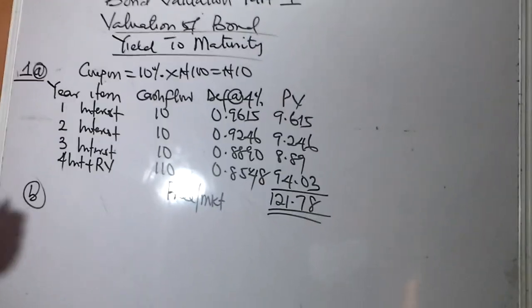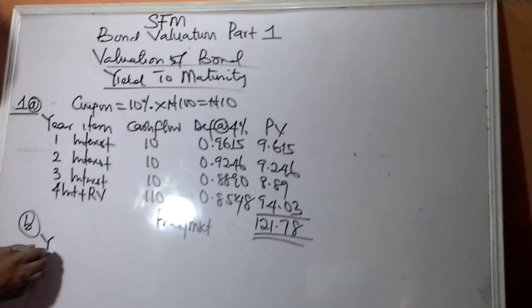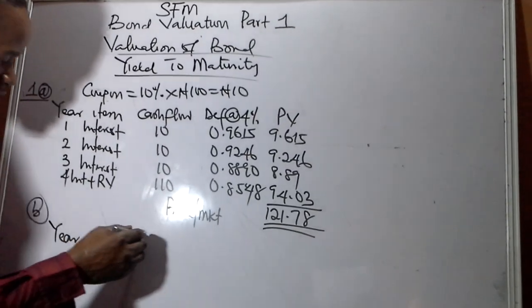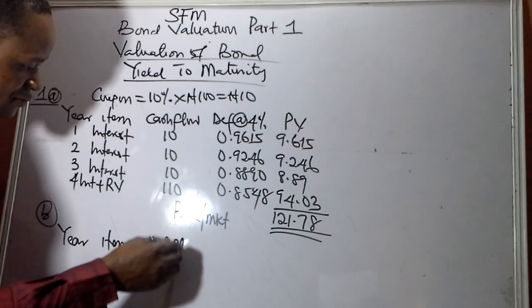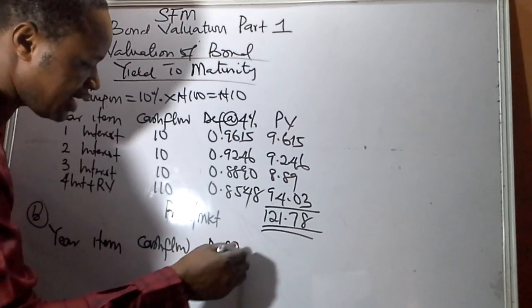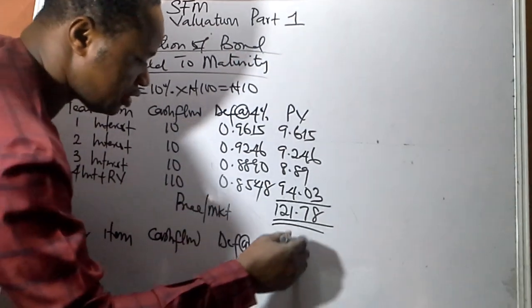So let's see, if the yield is now 6%, what will be the price of the bond? It is the right of the bondholder to state what they want.